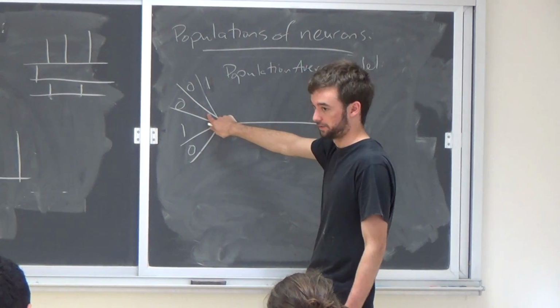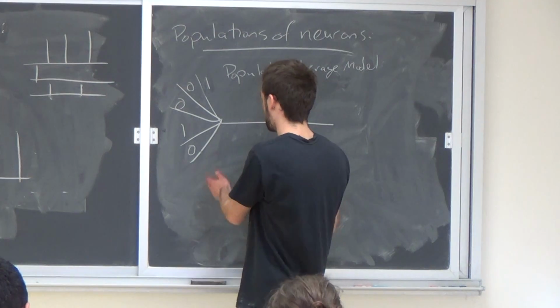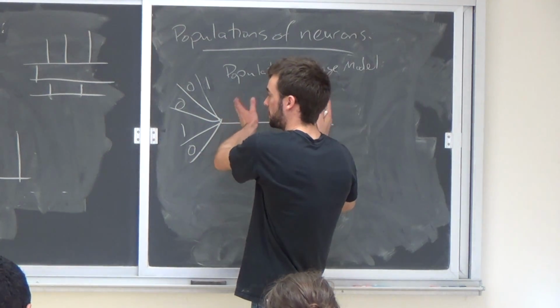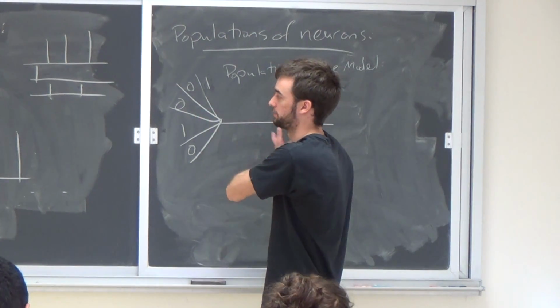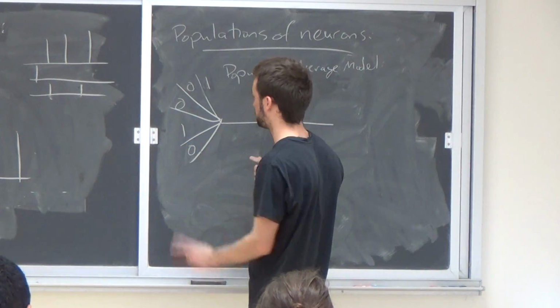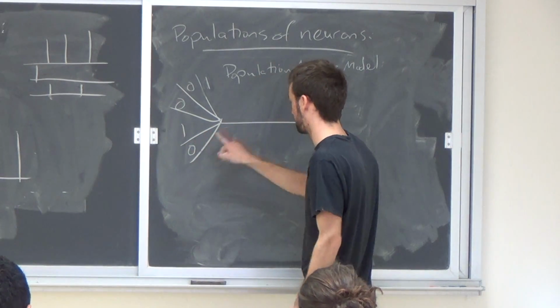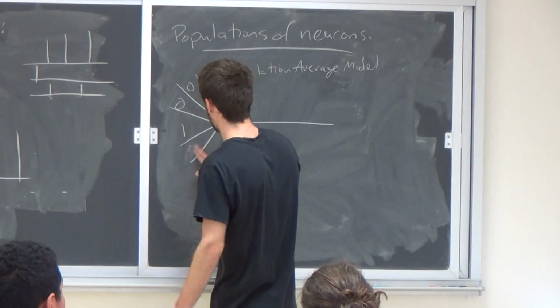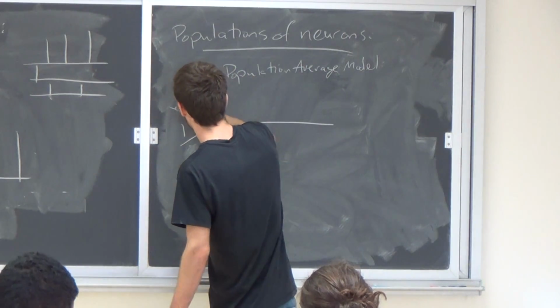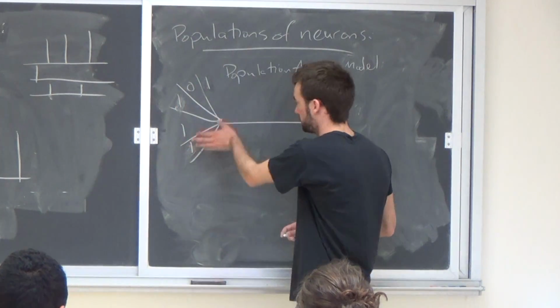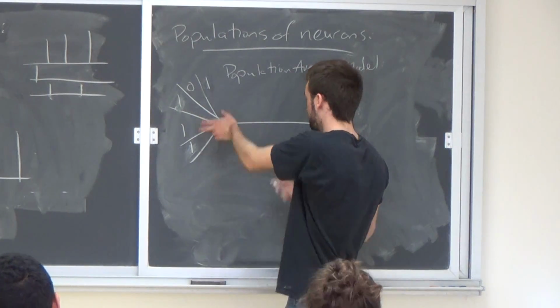The whole reason I said that maybe we should start looking at populations of neurons is just because there's a lot of noise in single neurons. How does this fix that? Say these guys fire, so this is 80% of them firing, so this guy will fire.